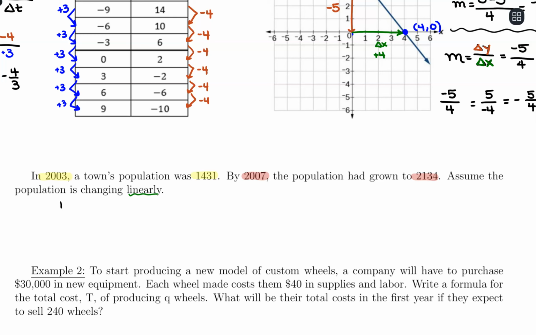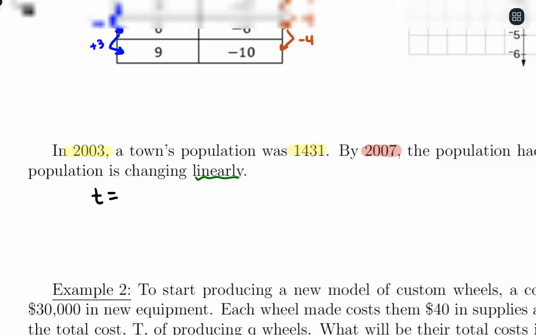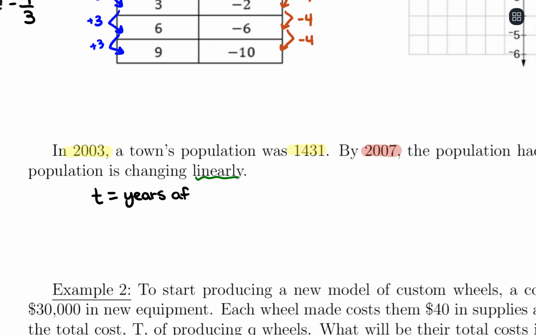So we have time occurring here, and it doesn't matter how we choose to work with time, but we need to be consistent. If we didn't want to work with large values like 2003 and 2007, something we could do is define t as the number of years after 2000.